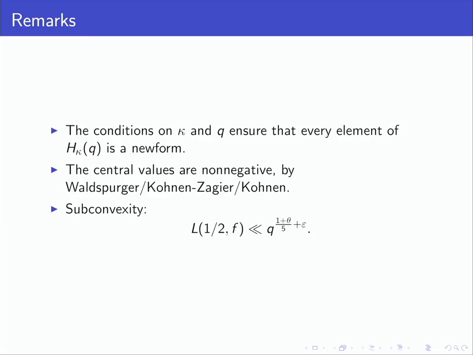The conductors of these L-functions are all Q, and the convexity bound is always your conductor to the 1/4 power. So the convexity bound is Q^(1/4), and (1+theta)/5 is less than that. That's one of the applications of this fifth moment.